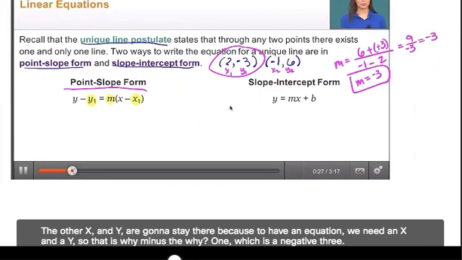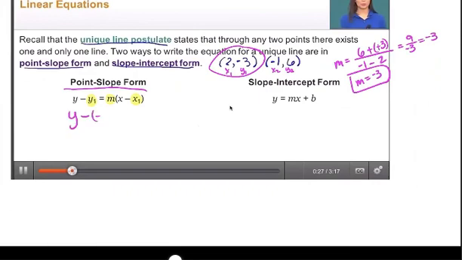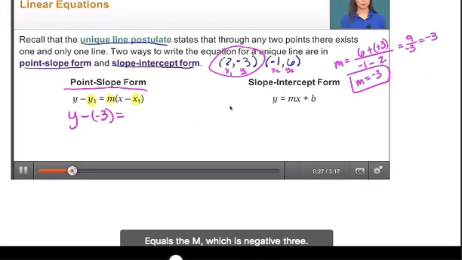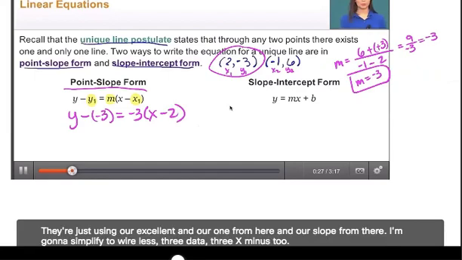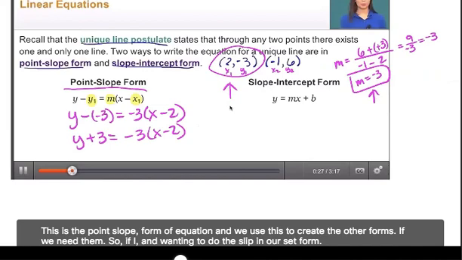So we're going to say y minus the y1, which is negative 3, equals the m, which is negative 3, and then x minus the x1, which is 2. So just using our x1 and our y1 from here and our slope from there. I'm going to simplify to y plus 3 equals negative 3 times x minus 2. This is the point-slope form of the equation.